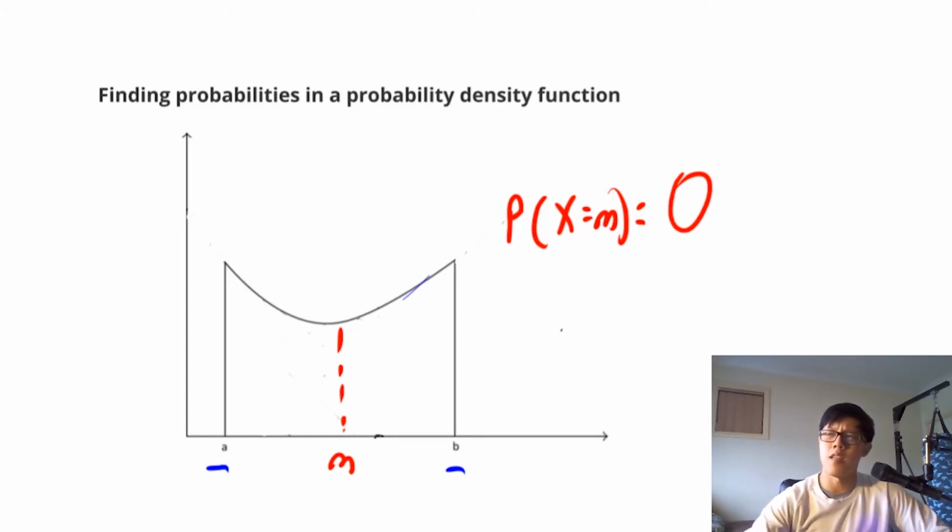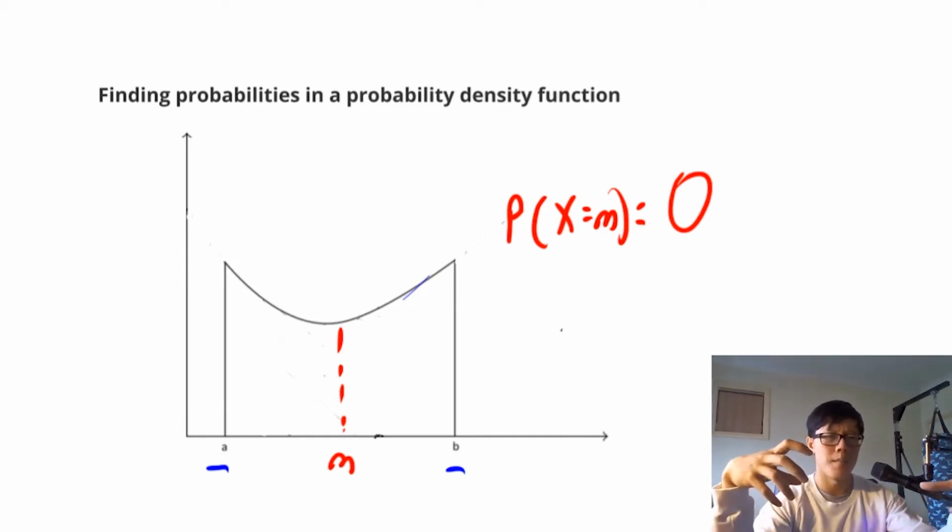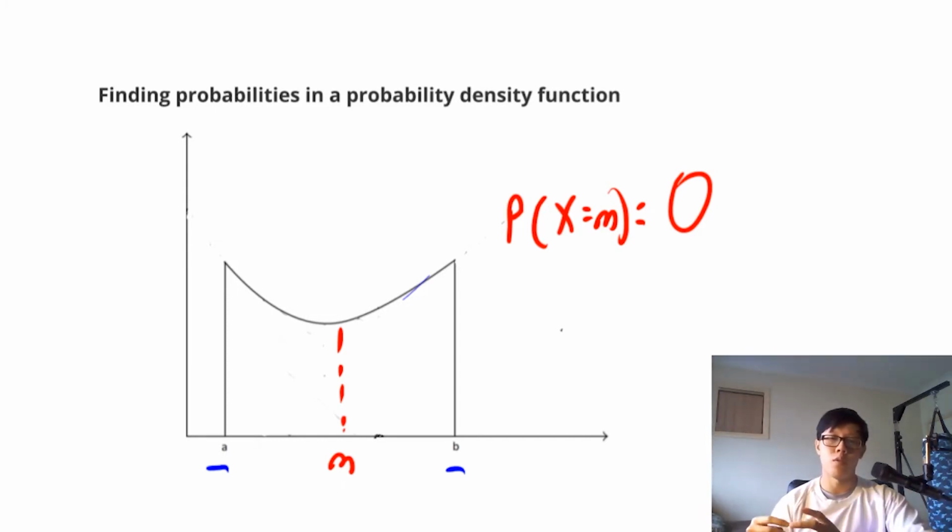So how can we think about this logically? Well, say you wanted to measure the temperature of a bucket of water, and you wanted to find the probability that it's going to be 35 degrees Celsius. If you rounded it off to the nearest degree, then there's a decent chance that you'll get exactly 35 degrees. But say you wanted to measure it to 2 decimal places. Well, there are 100 times as many outcomes, and hence your probability of getting exactly 35 degrees is going to drop.